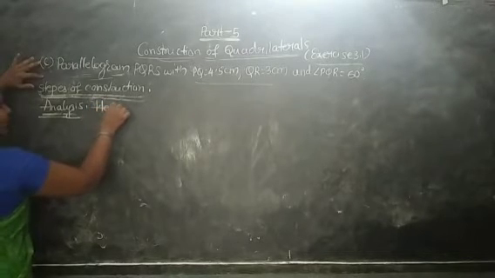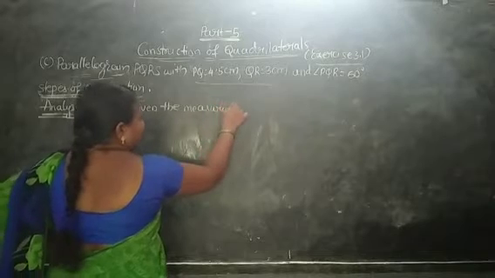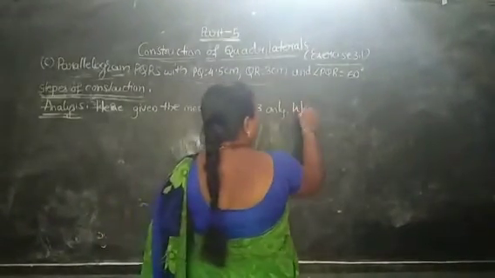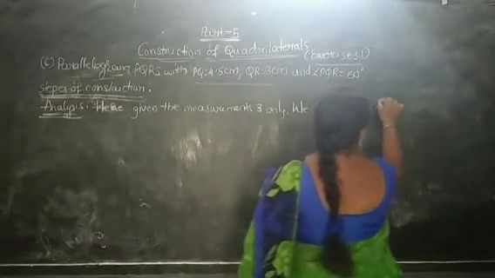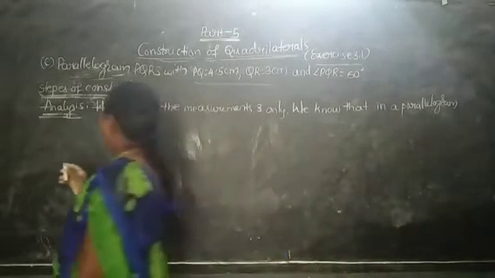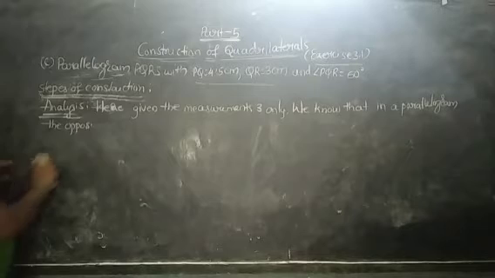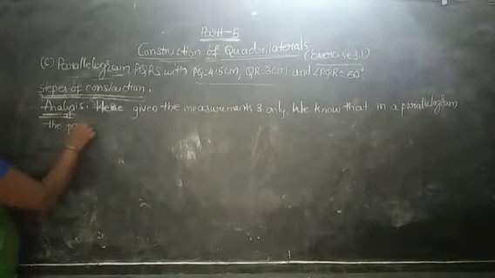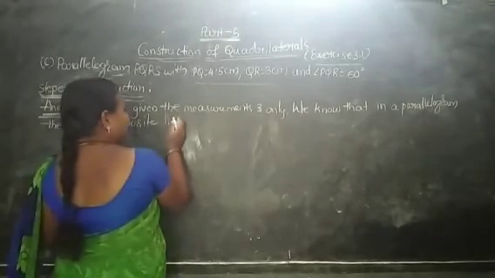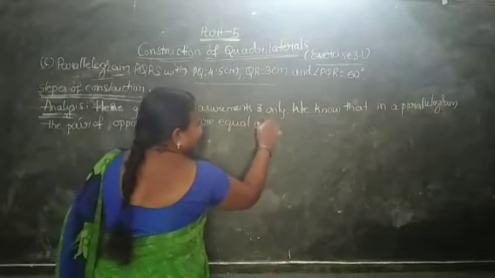Here the measurements given are three only, but we know that in a parallelogram the pair of opposite sides are equal and parallel.